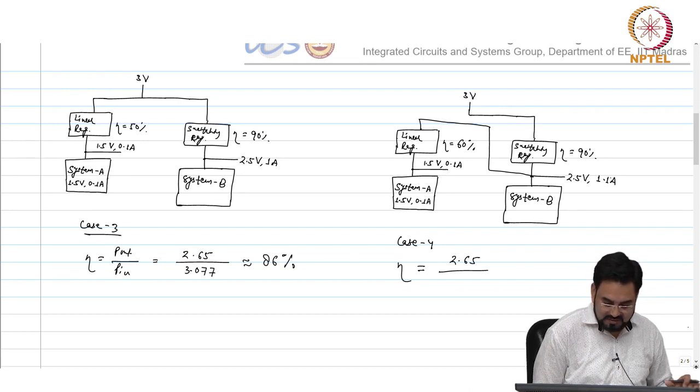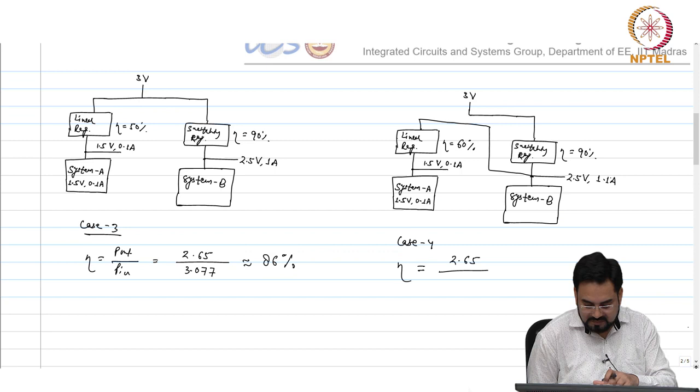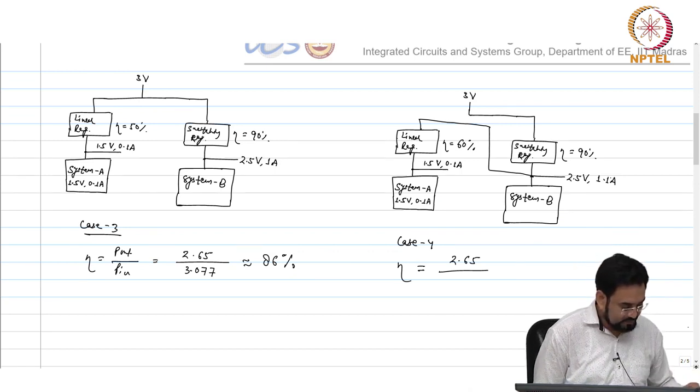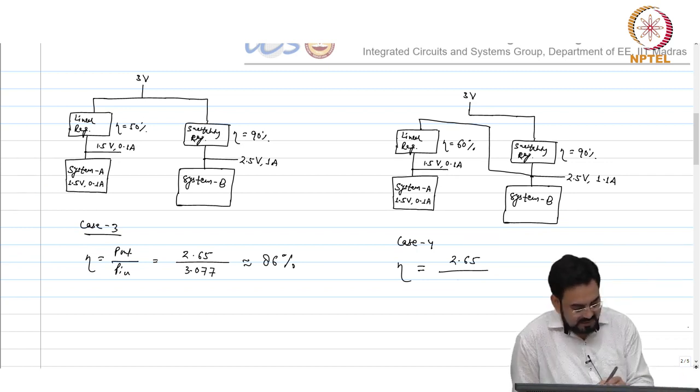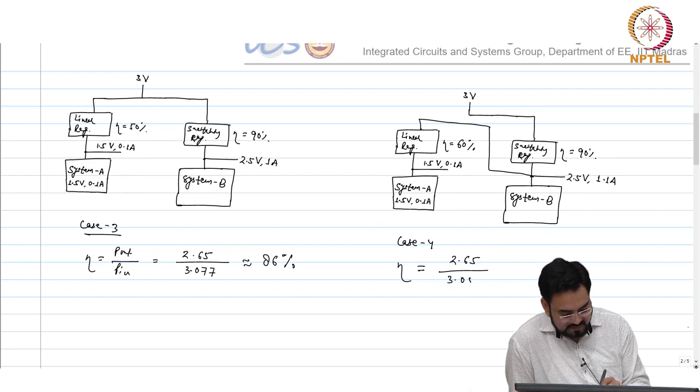loss, and here we are losing 0.305 plus 0.1, 0.4, it's 3.05 roughly.